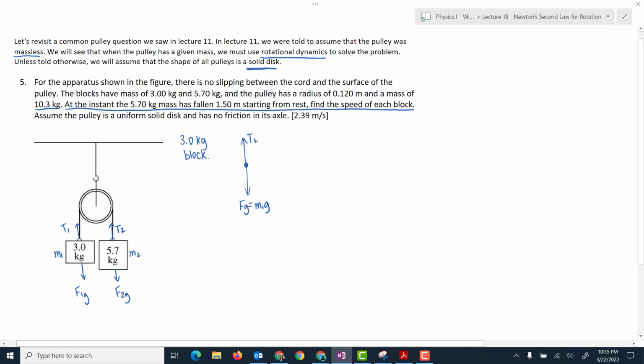And if I do the same thing, but this time for the 5.7 kilogram block, it will look just the same. I have Fg, so this one was Fg1, this one will be Fg2 equals m2g. And then we still have a tension, T2. Now which way is this whole thing going to rotate?